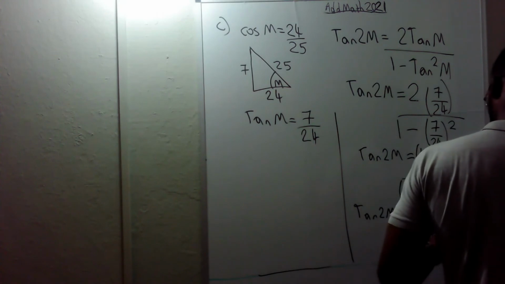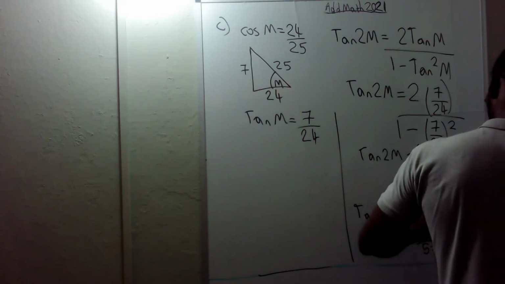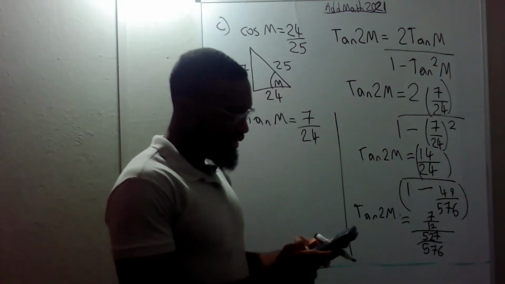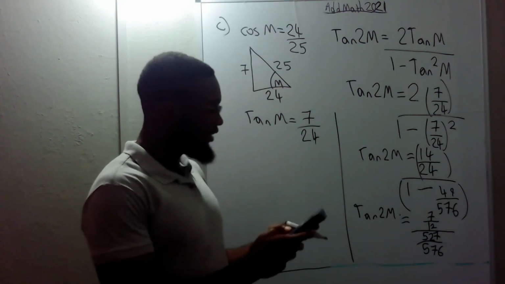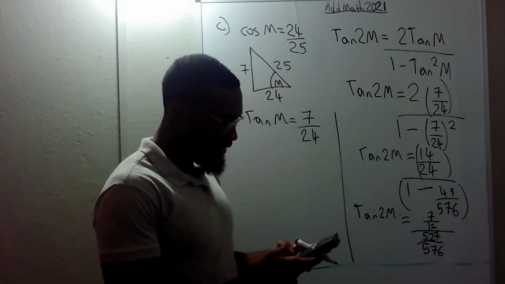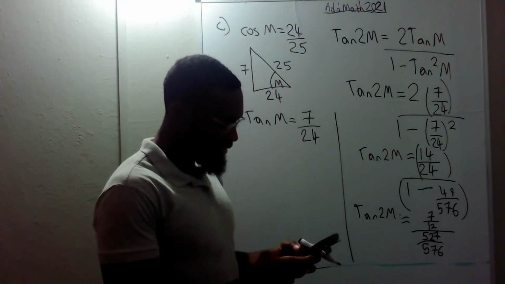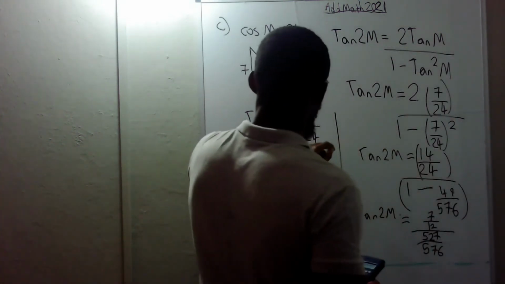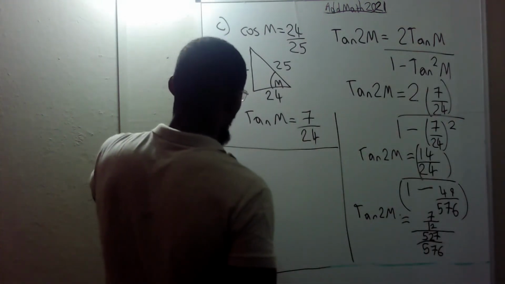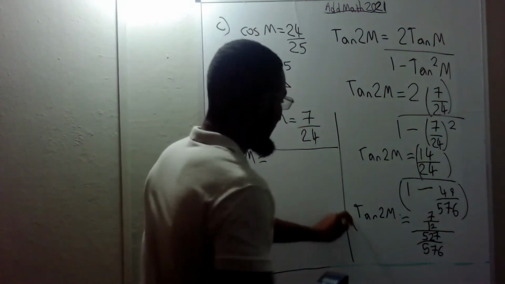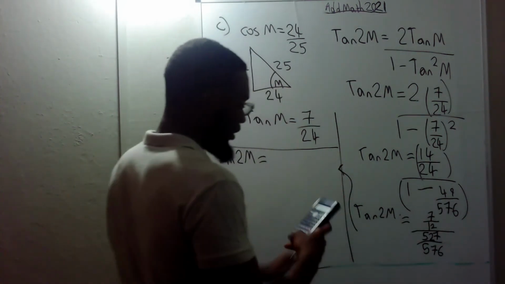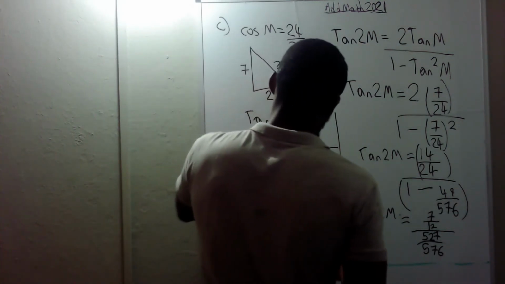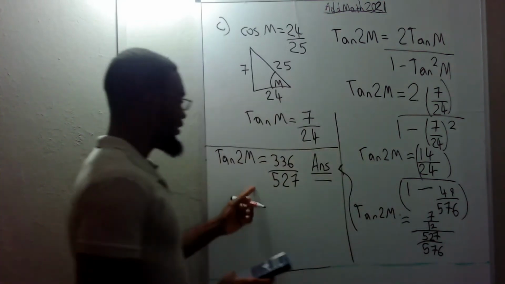The numerator part is 14 over 24, which is 7 over 12. Then you put all of this in the calculator: 7 over 12, put a bracket around it, then divide by 527 over 576. This is the final answer. Tan 2m is 336 over 527. That's tan 2m.